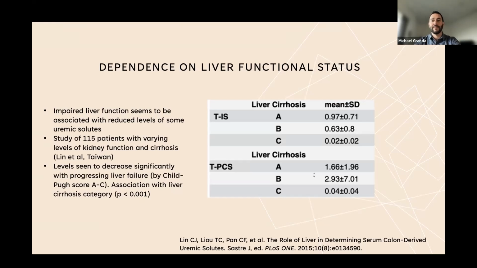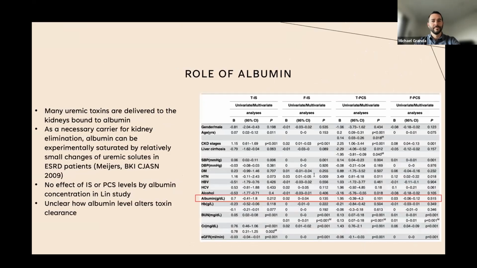And in this subset, they found significant decreases actually in the levels of indoxyl sulfate and p-cresol sulfate with worsening liver function. So given the fact that kidney and liver disease coexist in many patients, it's interesting to think about the role of albumin along the gut-liver-kidney axis.